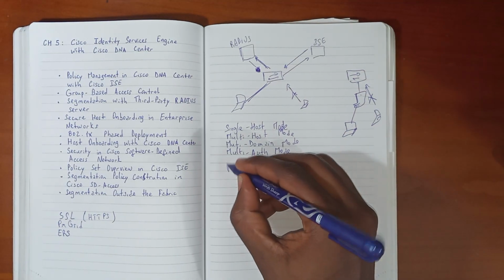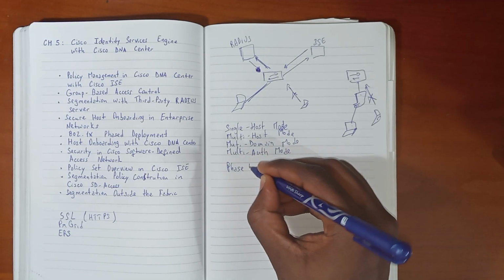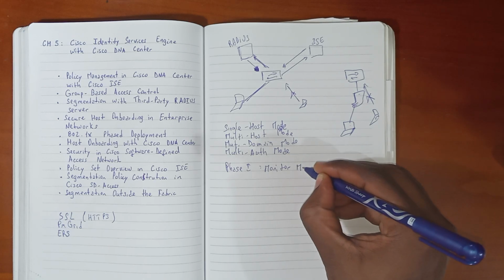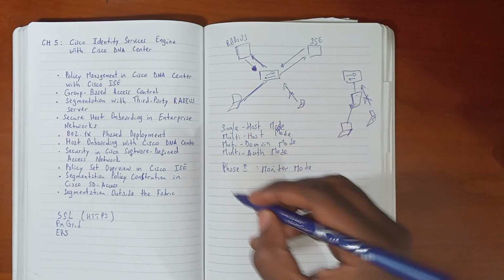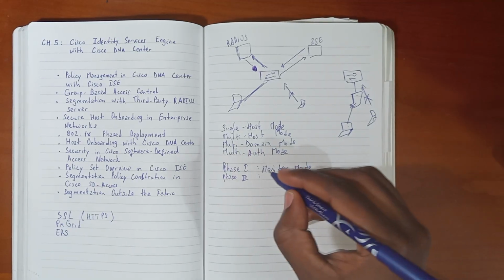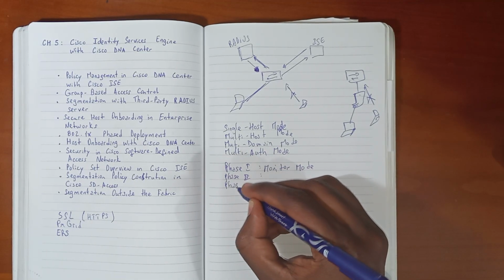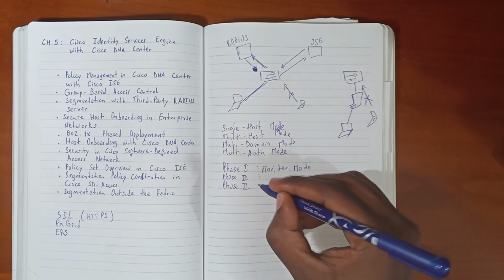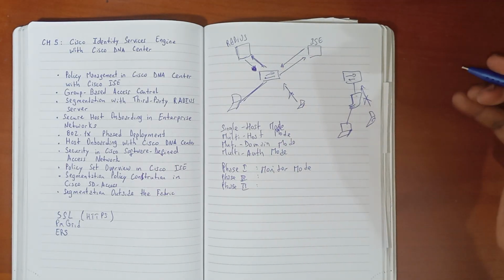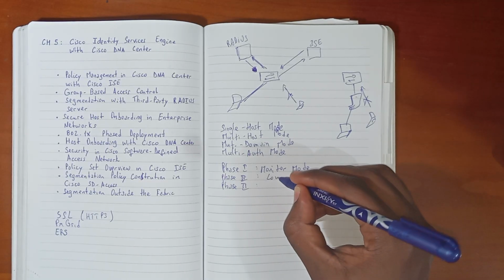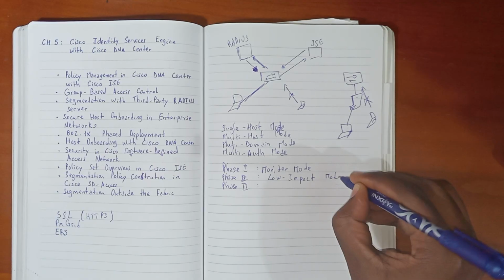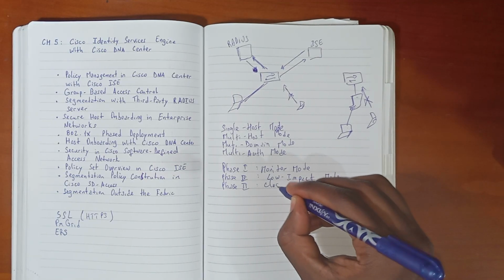We have two phases. Phase 1 is where we monitor the devices. It's named monitor mode. And there is also phase 2, in which we can have two types of authentication: the low impact mode, and also the closed mode.